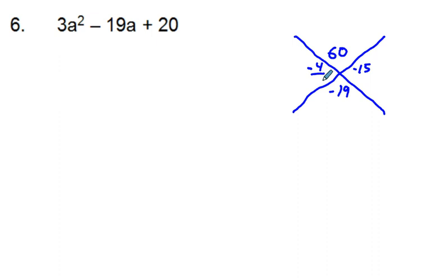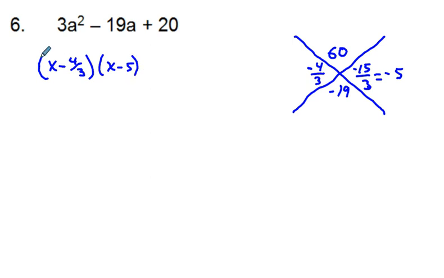And then we divide by a, which is 3. And on the right, we have negative 15 divided by 3, which is negative 5. On the left, we have negative 4/3. So I'm going to write this as x minus 4/3 times quantity x minus 5.